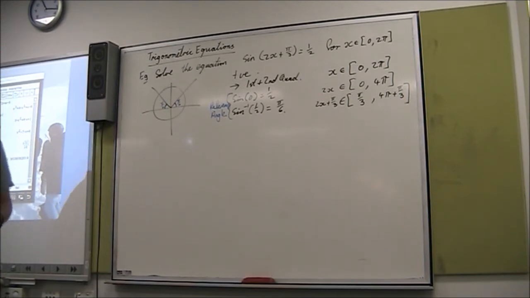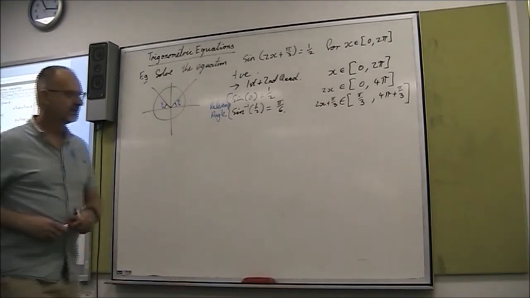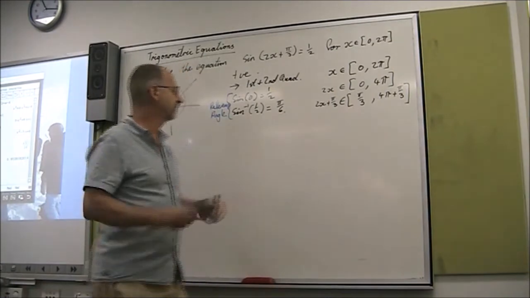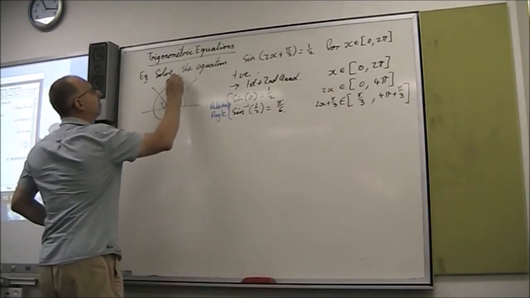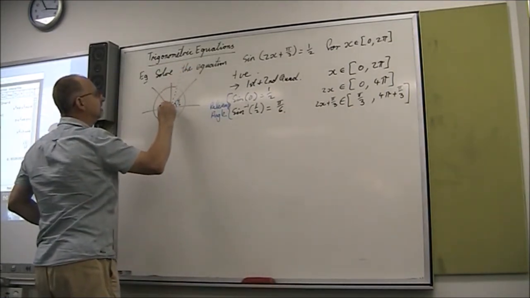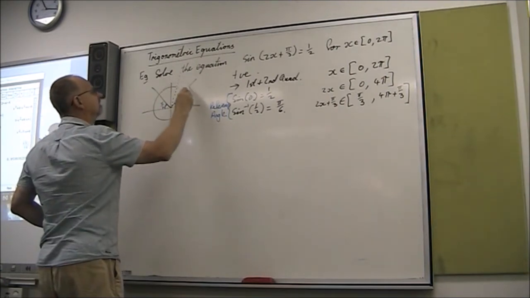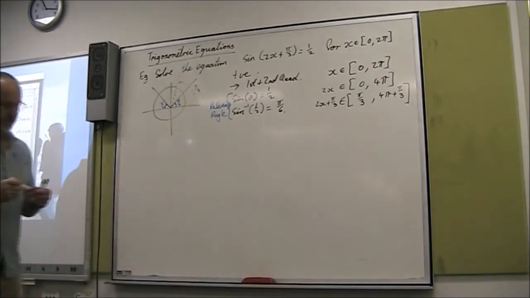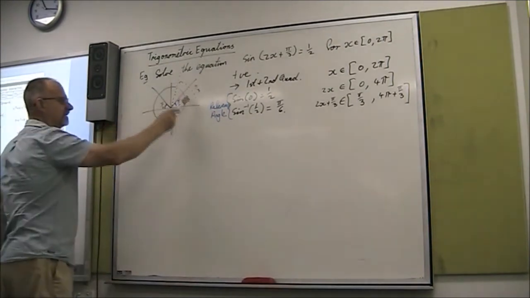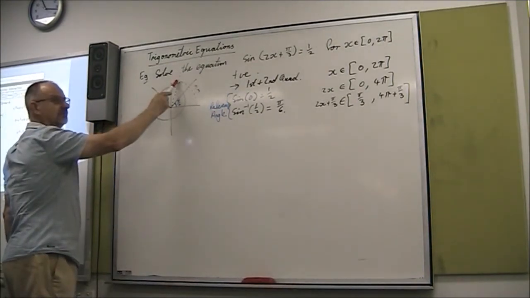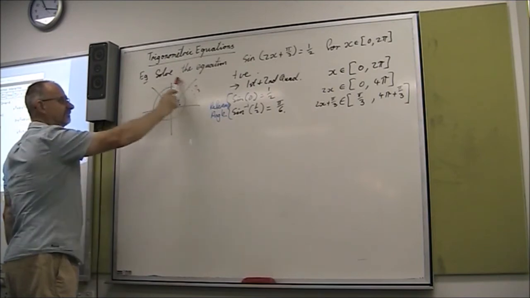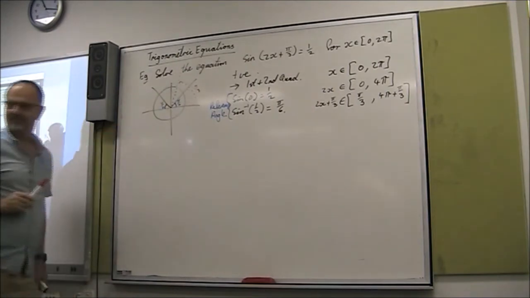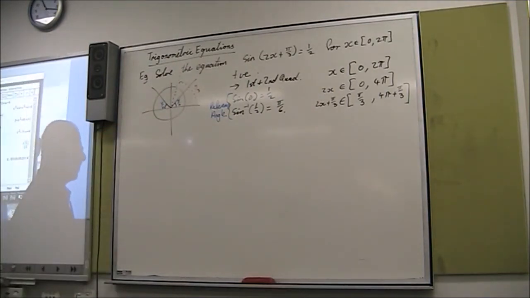Alright, so what does that mean? So we're going between pi on 3 and 4 pi plus pi on 3. So pi on 3 would be around there. And 4 pi plus pi on 3, so we're going from here. 4 pi is twice around the circle, yeah?